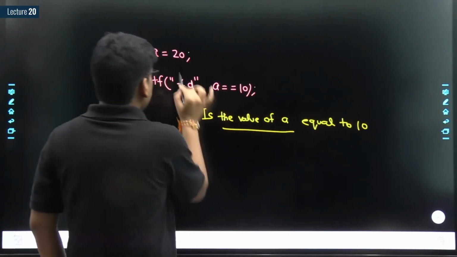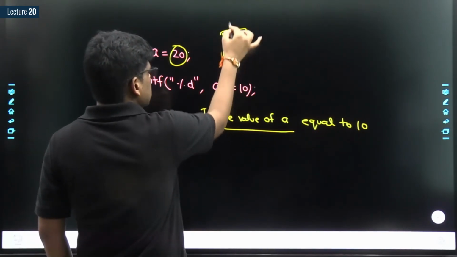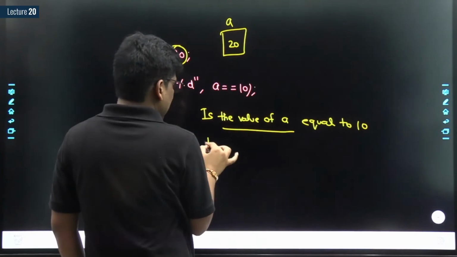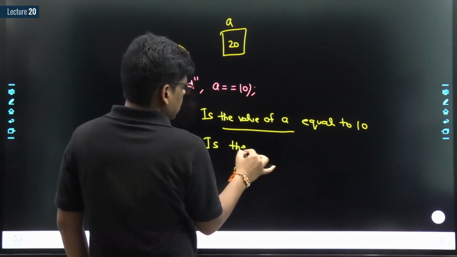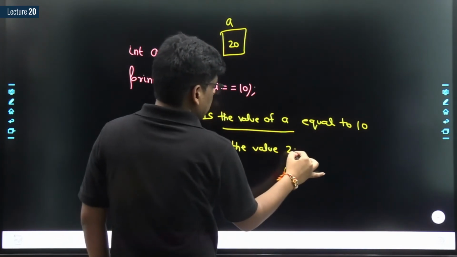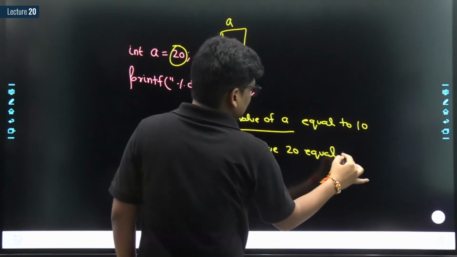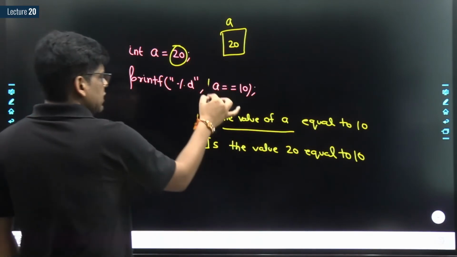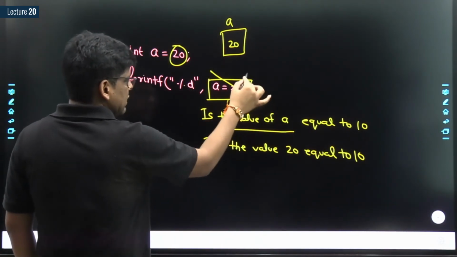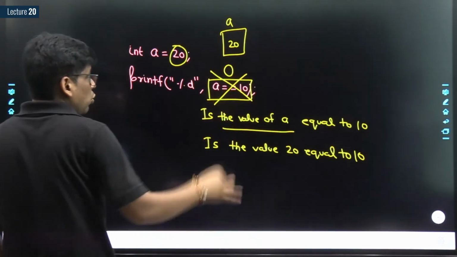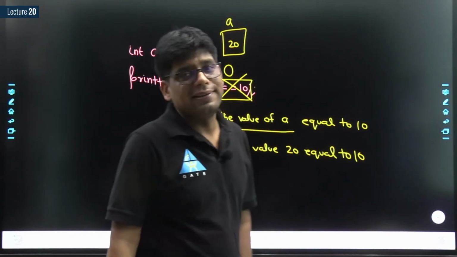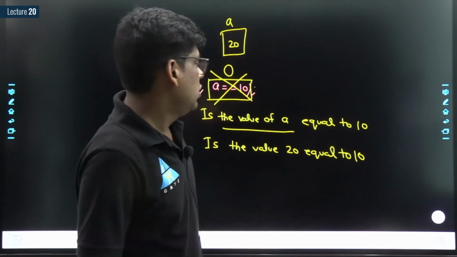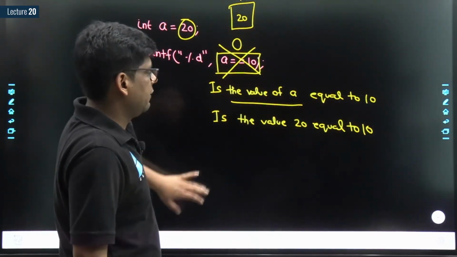Sir, what is the value of A? 20. So again, I am saying, is the value 20 equals to 10? Sir, everyone knows 20 and 10 are different things. That means this statement is false. And that is why this whole is replaced by 0. Try to understand this. So, sir, done.